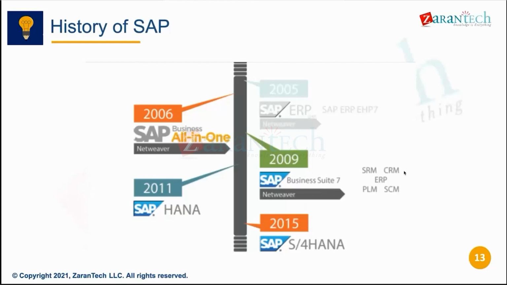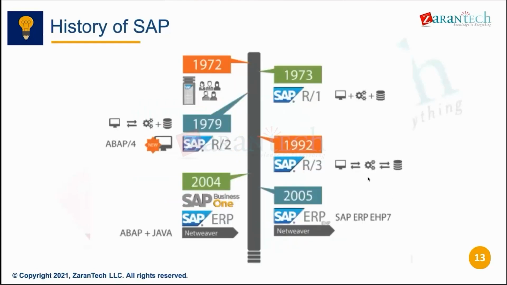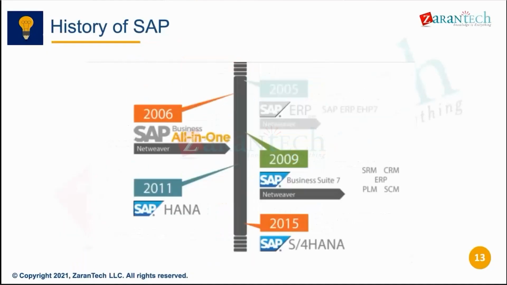Which means they packaged all these things into one particular product and put it out as SAP Business Suite 7. They introduced that in 2009. Very good. Up to this point, 2009, it went very well, and the market pursued it nicely. But here, these ERP, SRM, or SCM systems all run on any DB. So as I said, SAP.